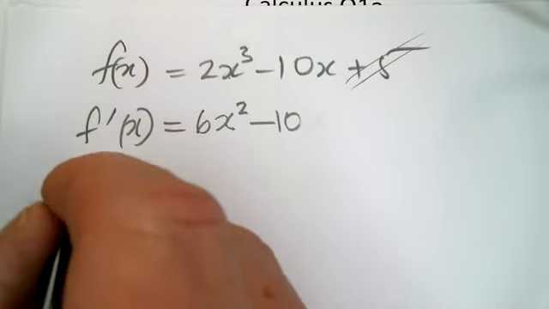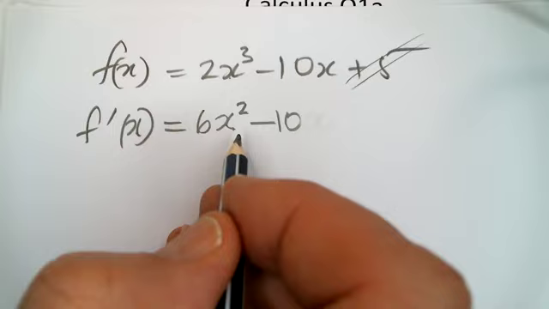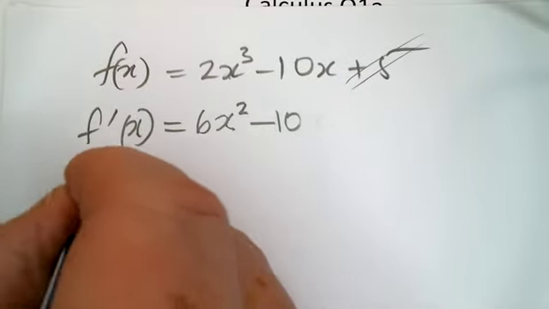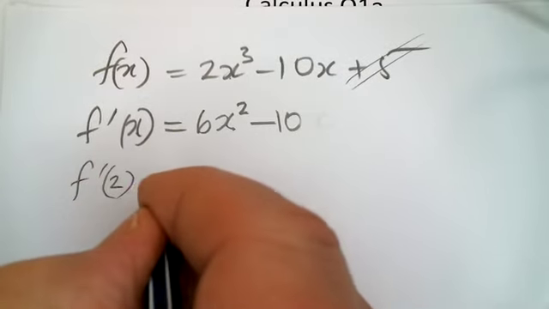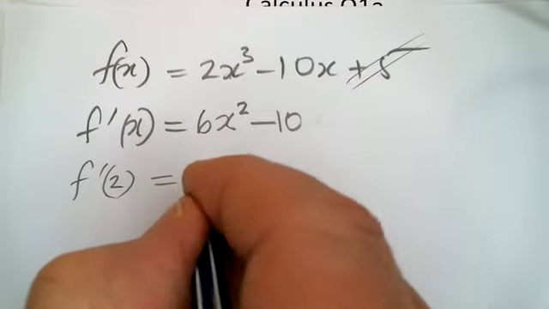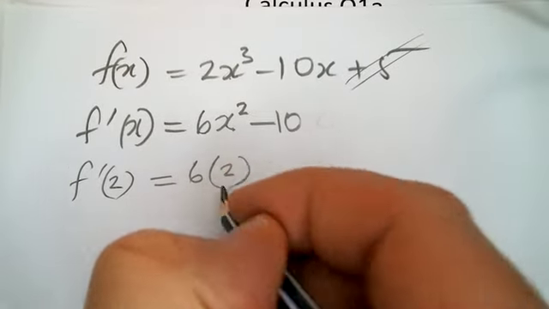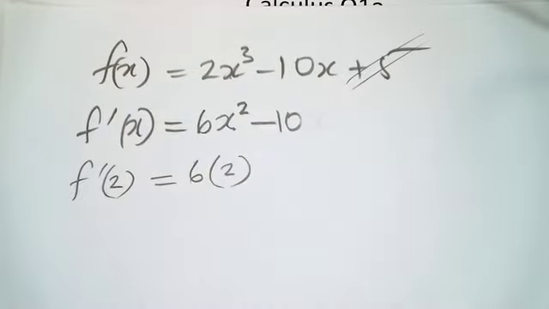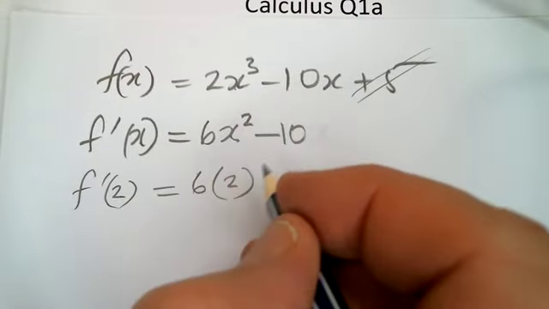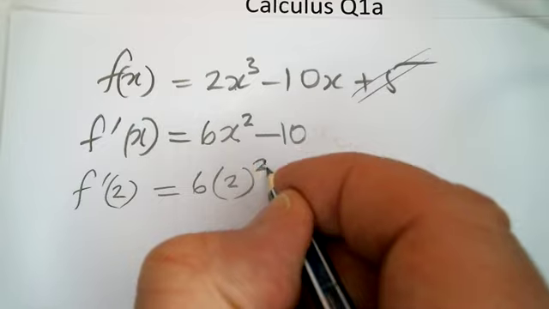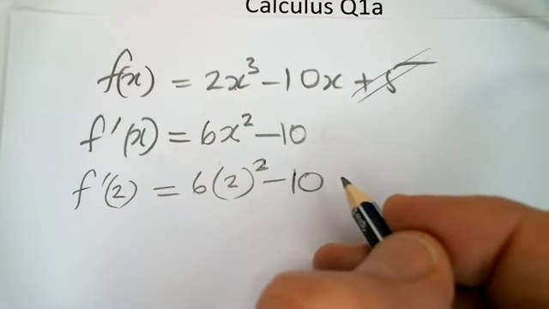I'm going to say f dash of 2 equals 6 times 2 squared minus 10.